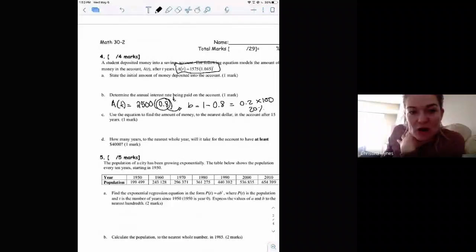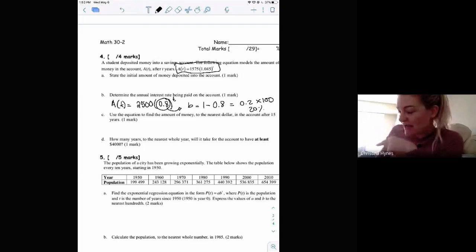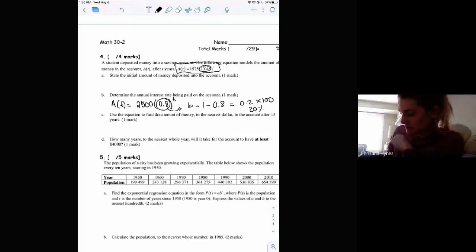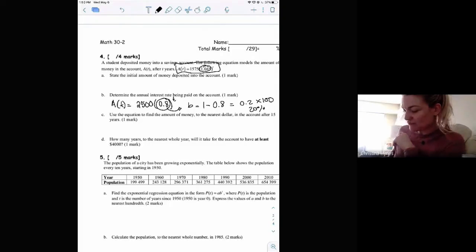So that's what they want for B. Now, I'm not doing the one that they gave you. I'm just giving you a similar example. All you're doing is you're going 1 minus that B value. So this is my B value, guys. And from there, you should be able to find the decimal value. And once you find the decimal, multiply by 100 to get your percentage rate. Okay? So that's for B.